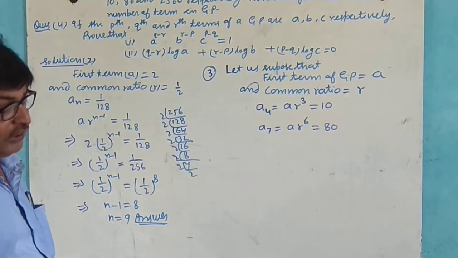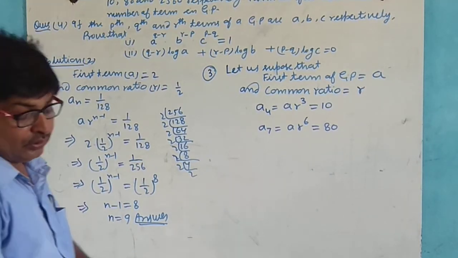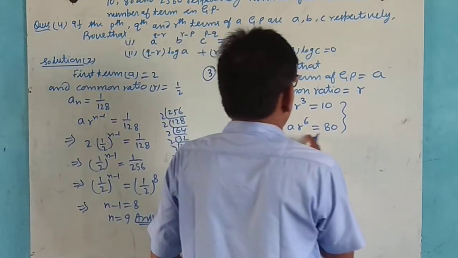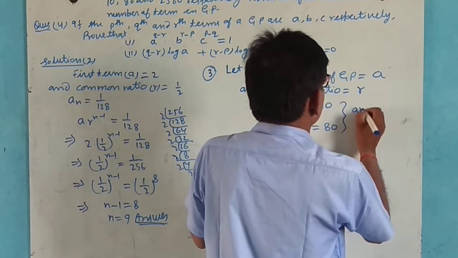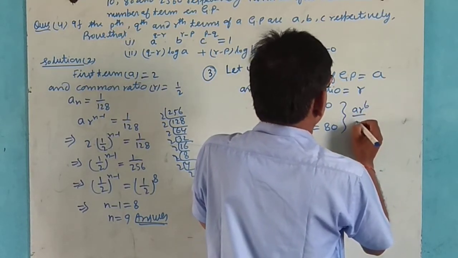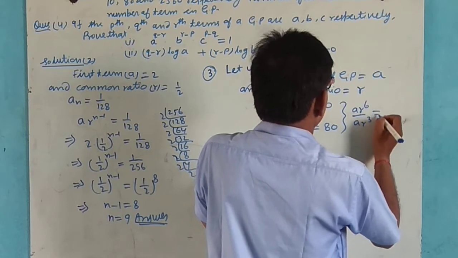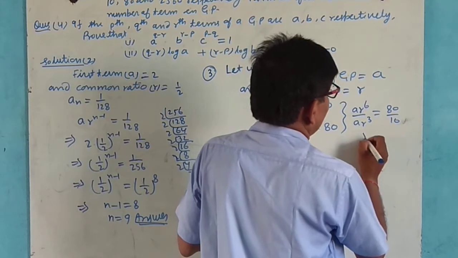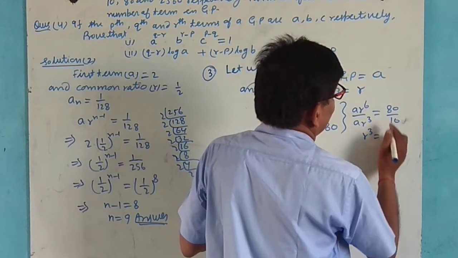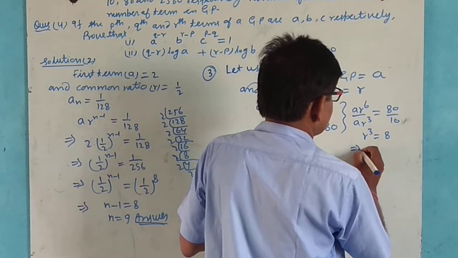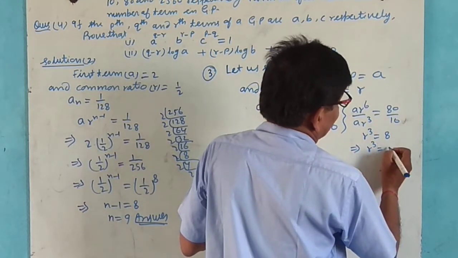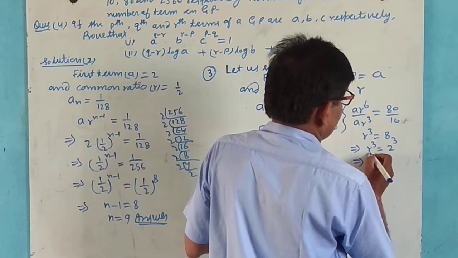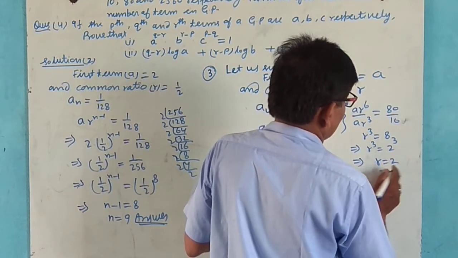With the help of this, a r to the power 6 divided by a r to the power 3 equals 80 by 10. A is removed, and r cubed equals 8. It means that r cubed equals 2 cubed, so r equals 2.